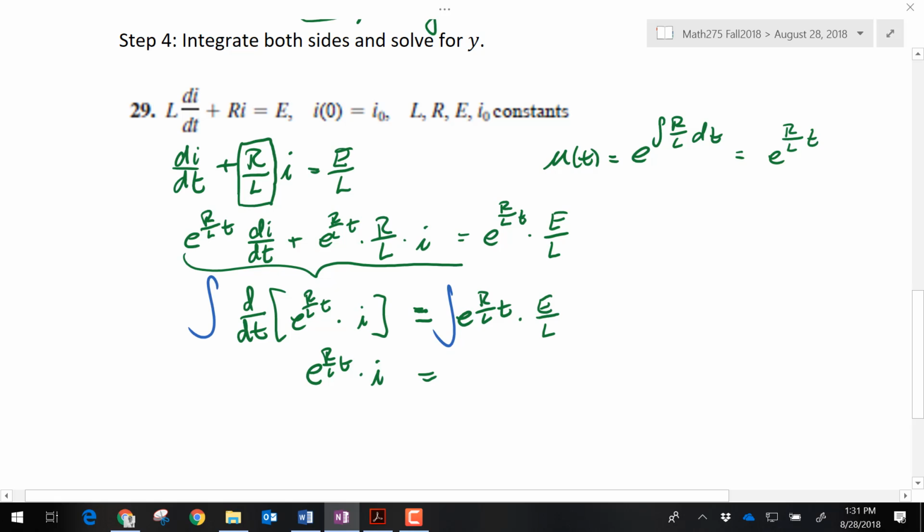And for the integral of this, E over L is a constant, and then the antiderivative of e to the R over L t is e to the R over L t times, or divided by, R over L. After you do a u substitution, you get this extra divided by R over L, right? And so you can take the reciprocal so that you can see the L's cancel and all that stuff. All right.